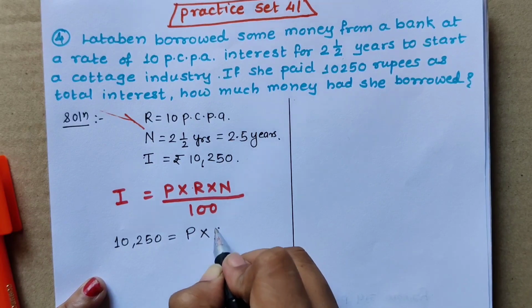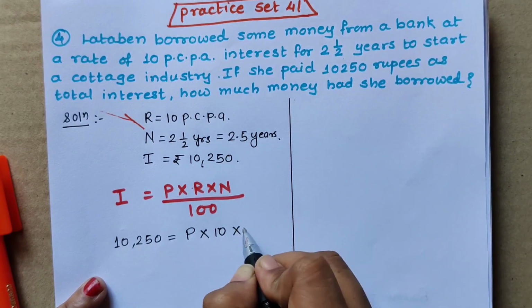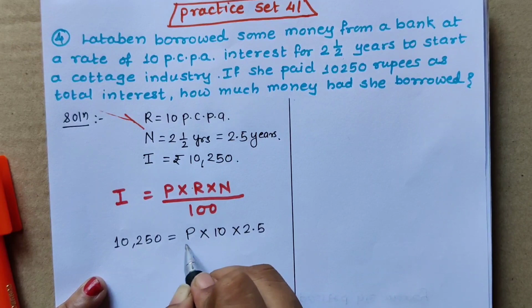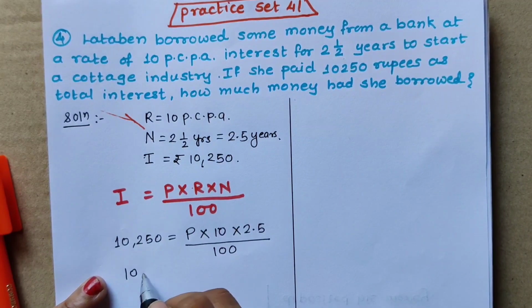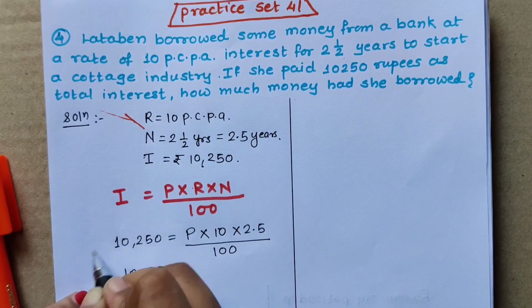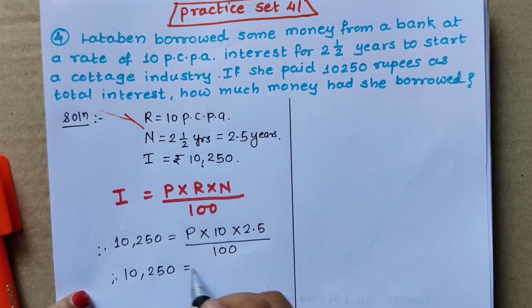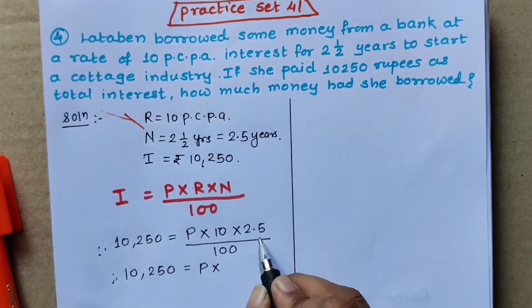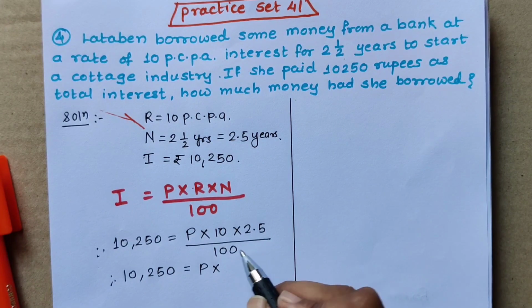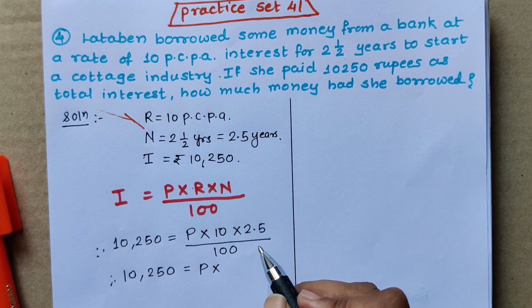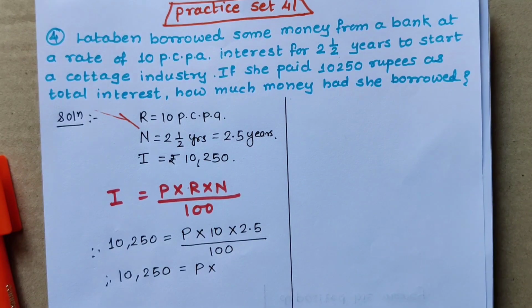R is 10 PCPA. N is 2.5 upon 100. Now see children, this 10,250 as it is I am writing. P multiply by 10 multiply by 2.5. What you will be getting? 10 multiplied by 2.5 means 25.0. Okay, and 25.0 means 25.